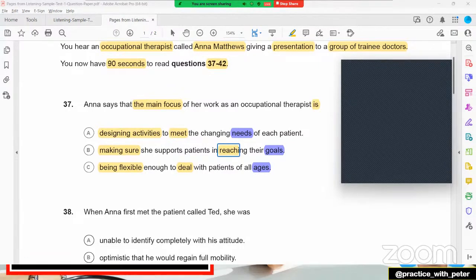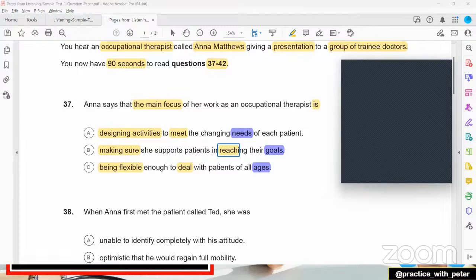Flexible. Flexible, adaptable, adjustable. Okay. Amendable, changeable, flexible, adaptable, modifiable, alterable. Okay. Then next one.